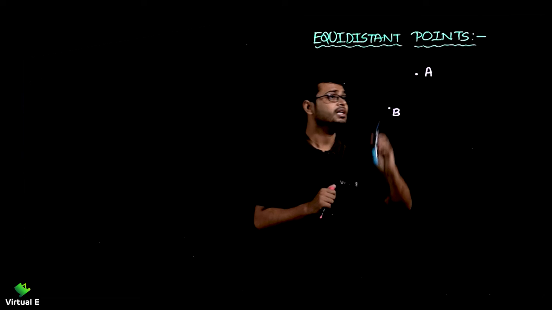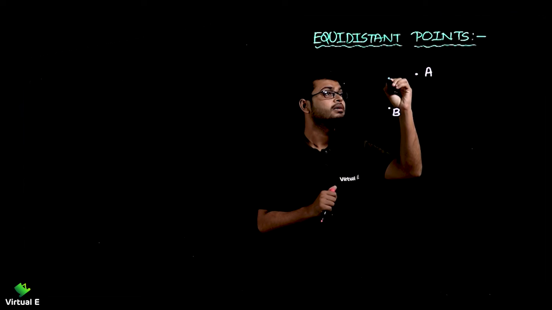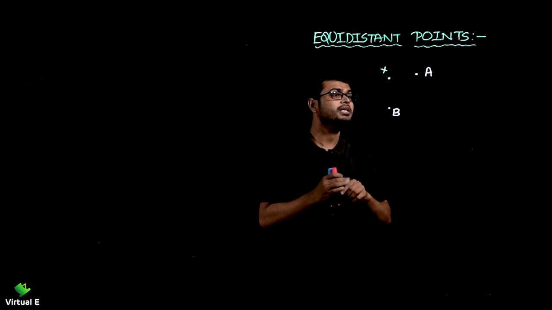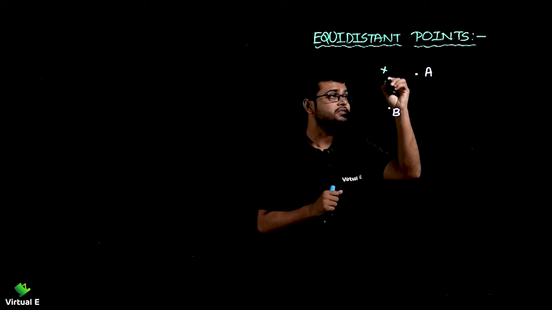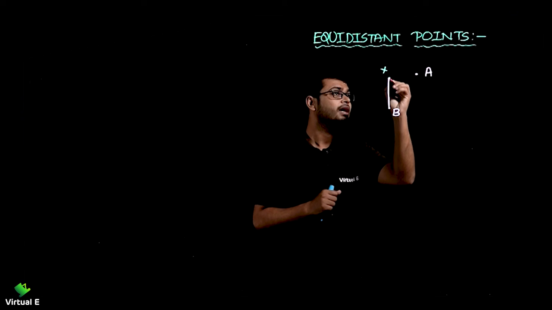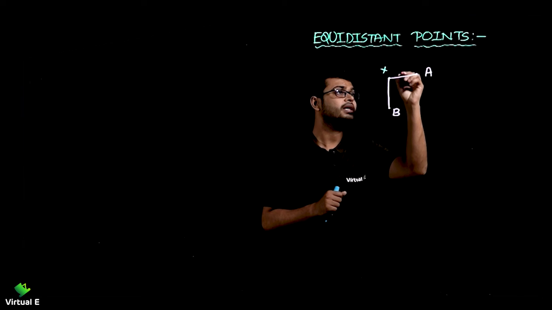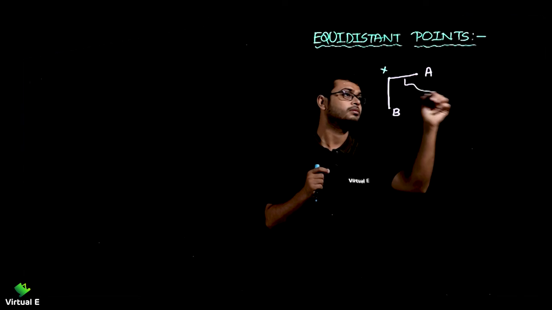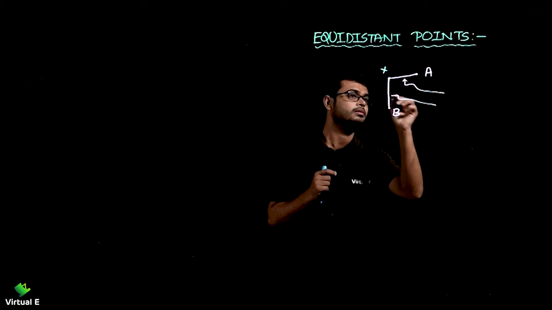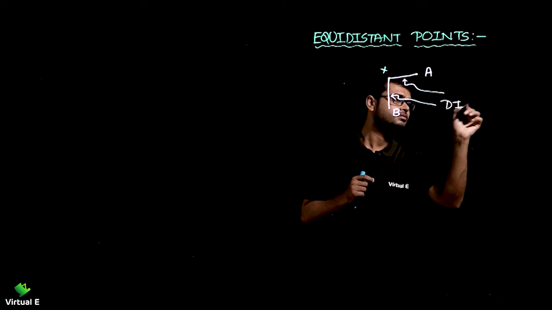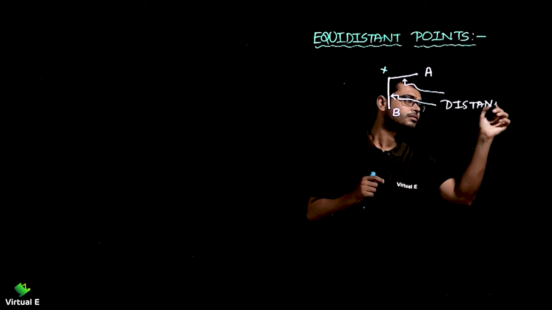So let's say I am taking one point X over here. It means that if I take this distance and if I take this distance, they are equal. Distance equal.